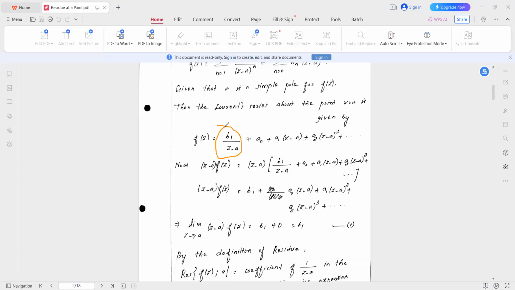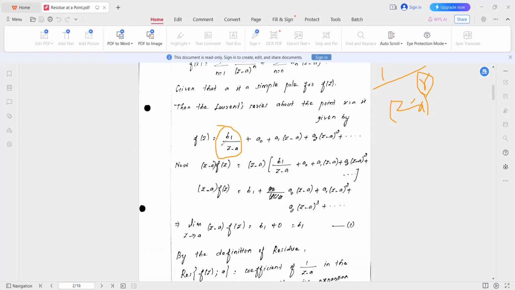Simple pole means it's of order 1. If f of z is equal to 1 by z minus a the whole power r, then a is a pole of order r. Simple pole means a pole of order 1.